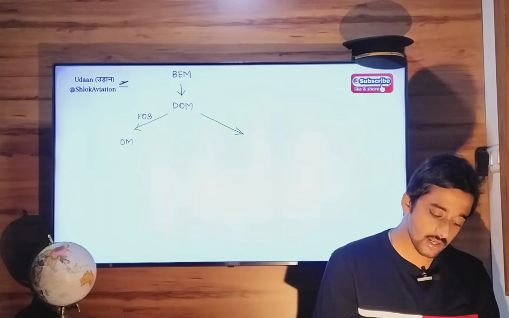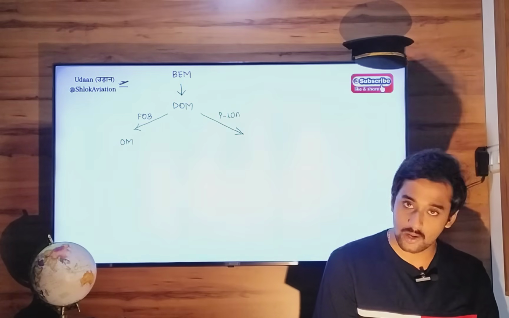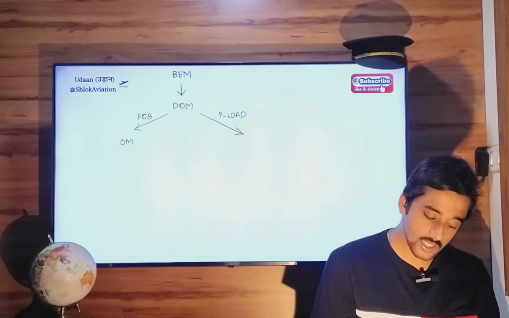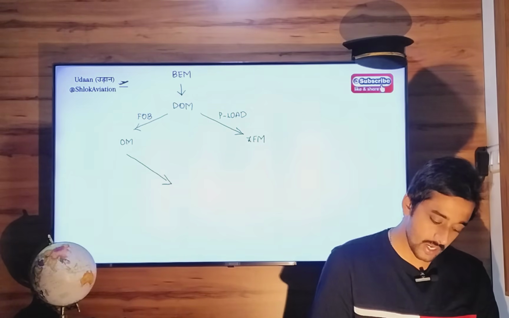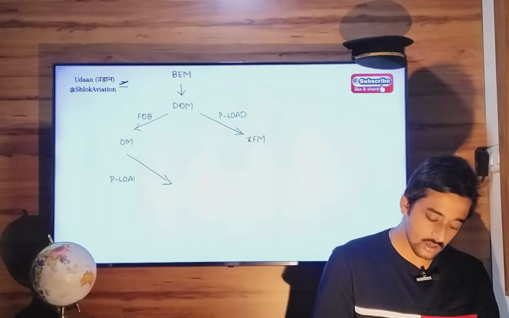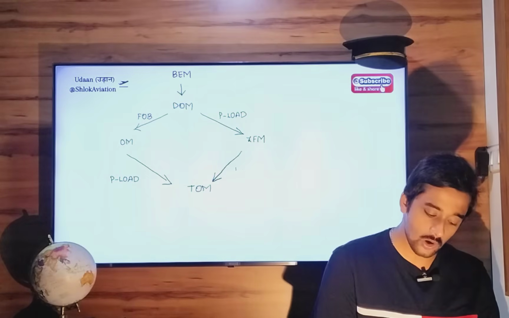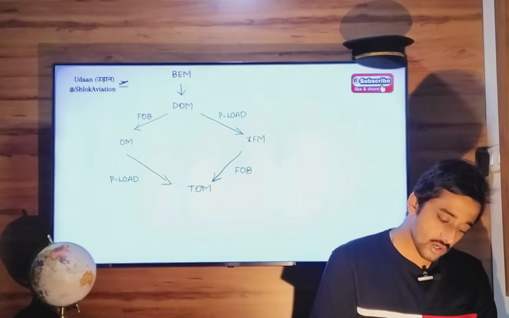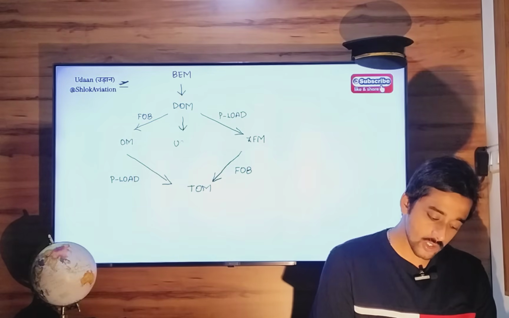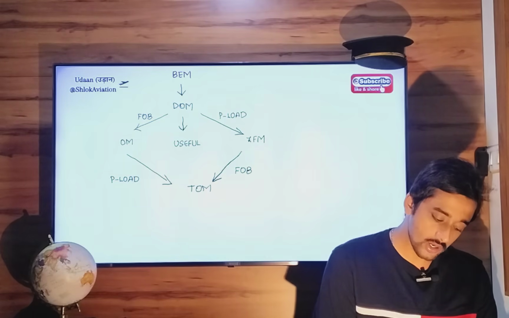Dry operating mass plus payload, just the payload, not fuel, gives you zero fuel mass. Then operating mass plus payload gives you takeoff mass, and zero fuel mass plus fuel on board also gives you takeoff mass. Then DOM plus useful load. What is this useful load?